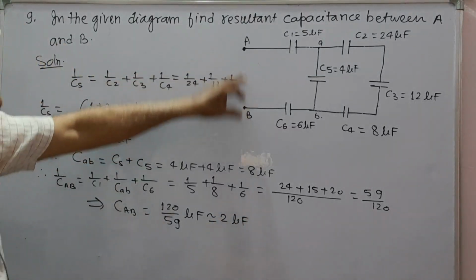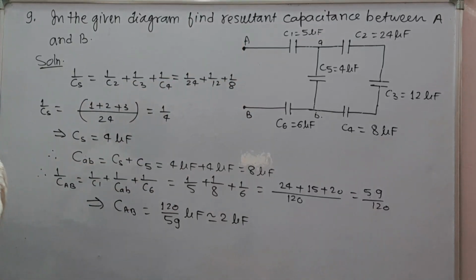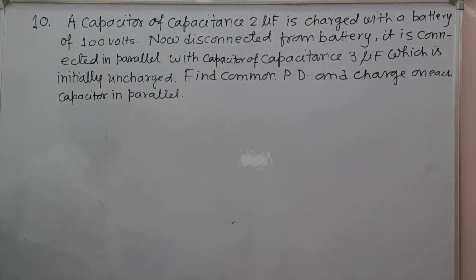So the resultant capacitance between points A and B will be 2 microfarad.